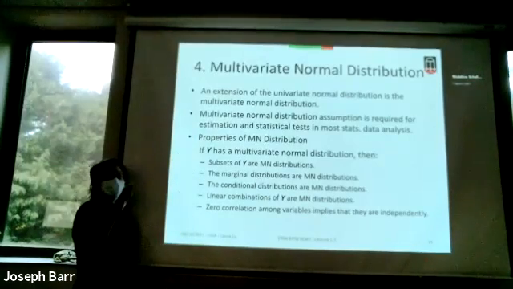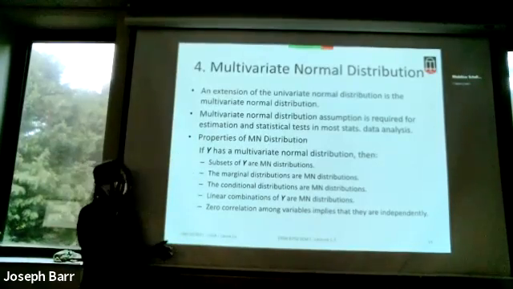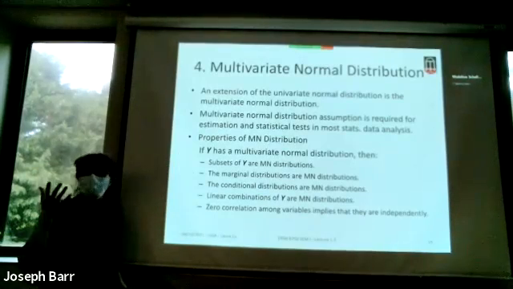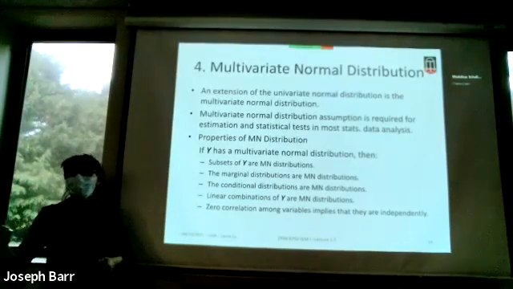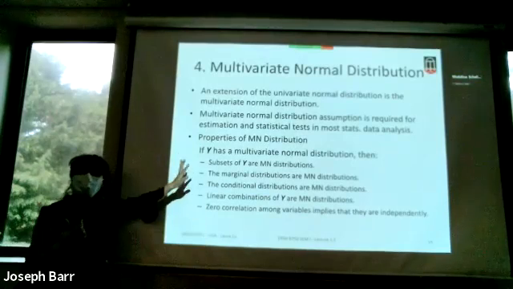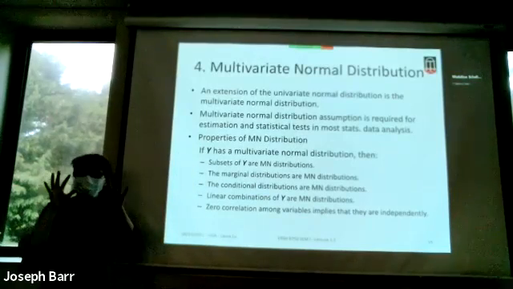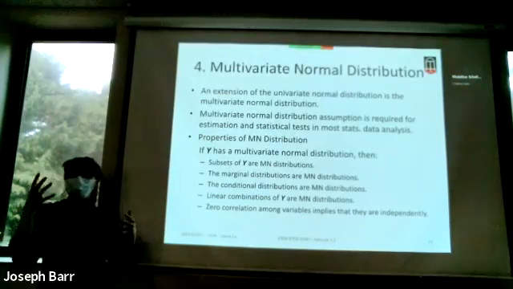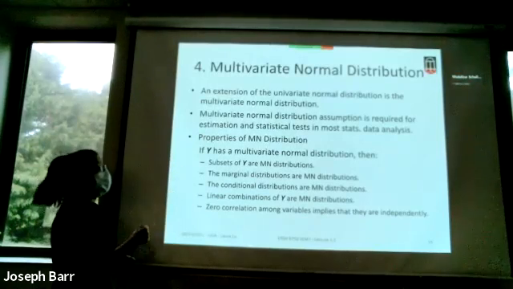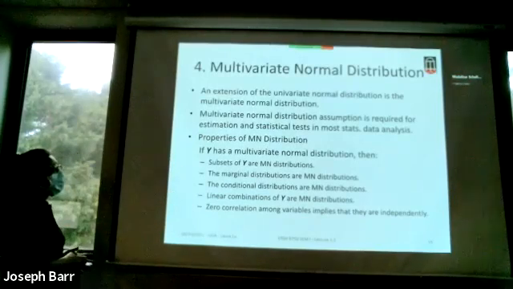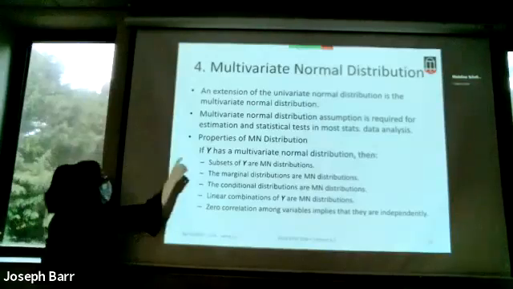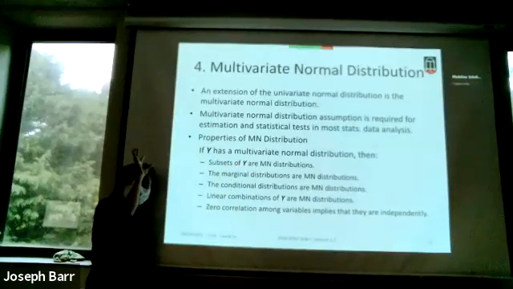Also, that distribution is the most popular assumption in a lot of our models. For example, SEM or HLM or multivariate models, we use the multivariate normal distribution as our assumption. We assume the residuals have this kind of distribution. The multivariate normal also has a series of very good properties.